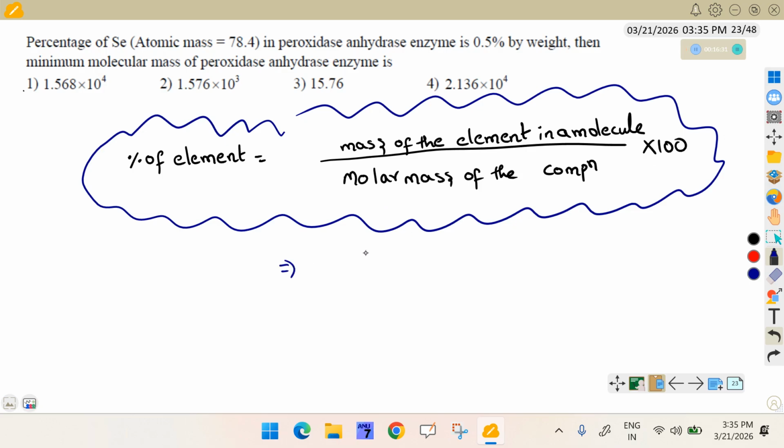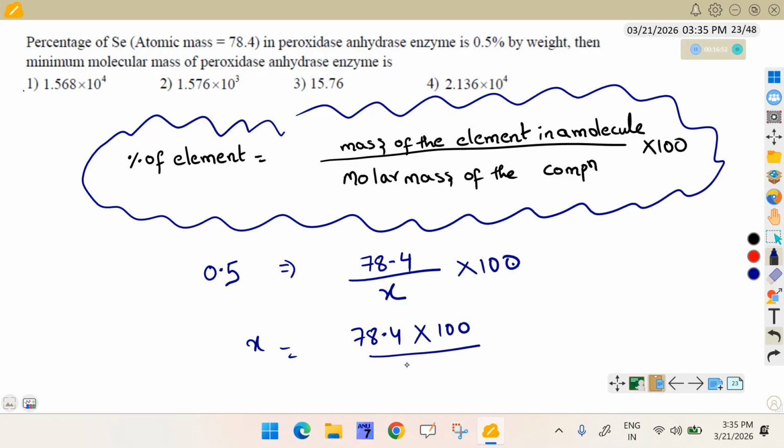Mass of the element is given as 78.4. Calculate molar mass. Percentage is given 0.5% into 100. Then x is equals to 78.4 into 100 by 0.5. You can simplify, then you will get 1.568 into 10 power 4.